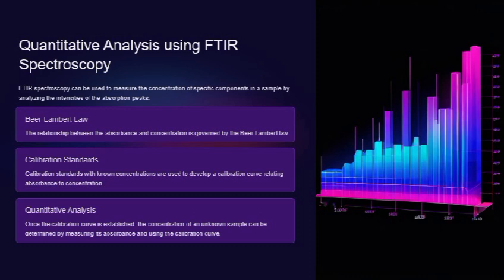Calibration standards with known concentrations are used to develop a calibration curve relating absorbance to concentration. Once the calibration curve is established, the concentration of an unknown sample can be determined by using its absorbance and the calibration curve. So FTIR spectroscopy is used in quantitative analysis.